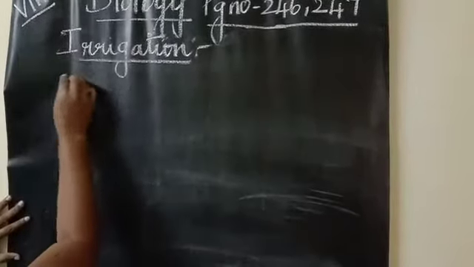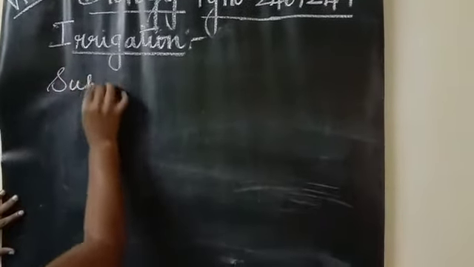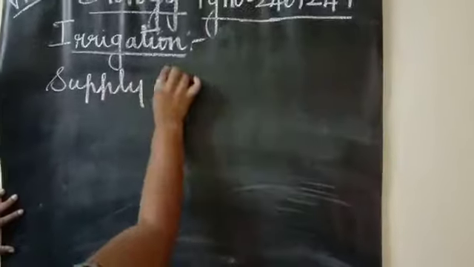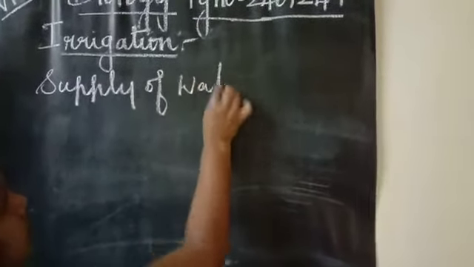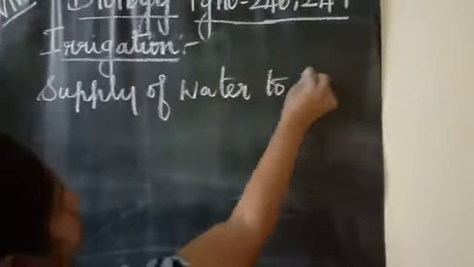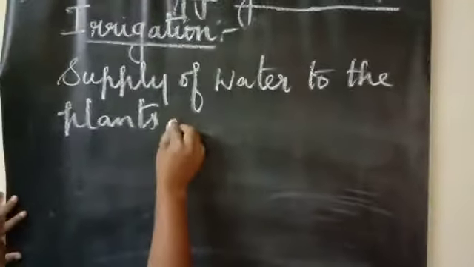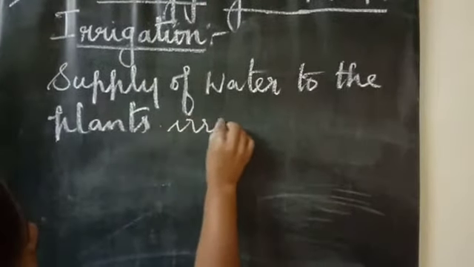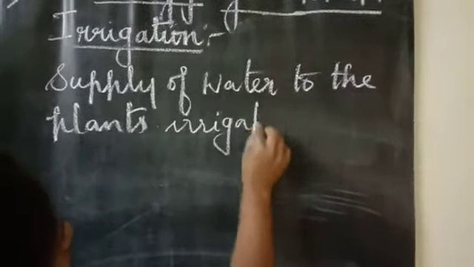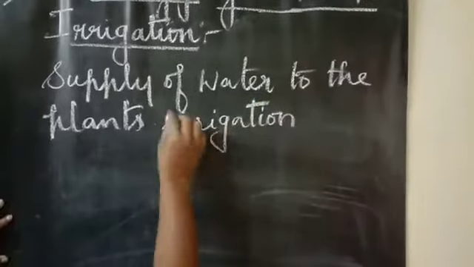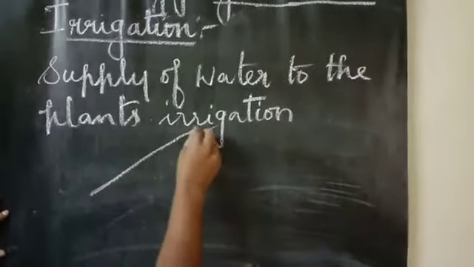Supply of water to the plants at regular intervals of time is called irrigation. And irrigation has two methods.